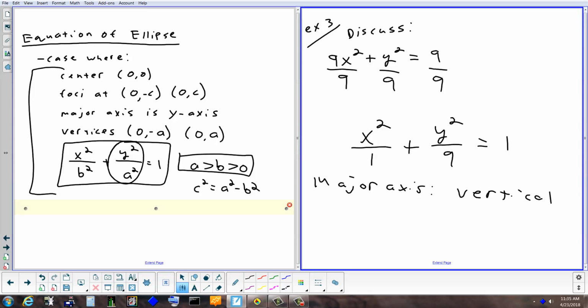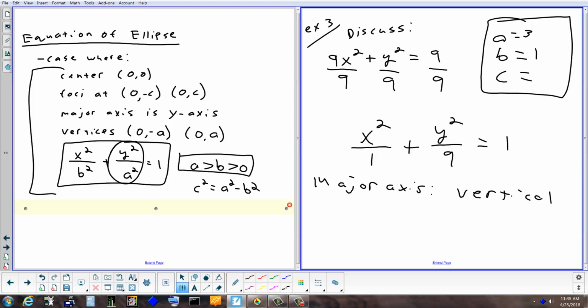Now we need to know what A, B, and C are. What's A in this case? Casey? Yes, thank you. I had it backwards in my mind. So bigger number, take the square root of it, that's A. What's B? Michael, yep, B is 1.